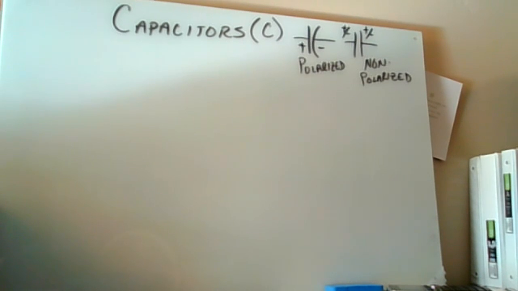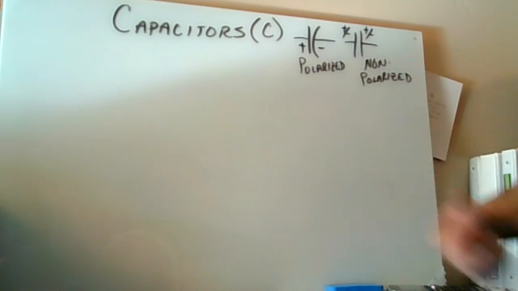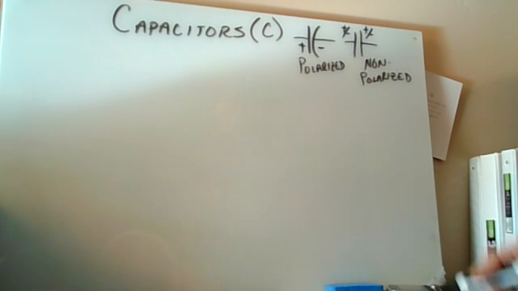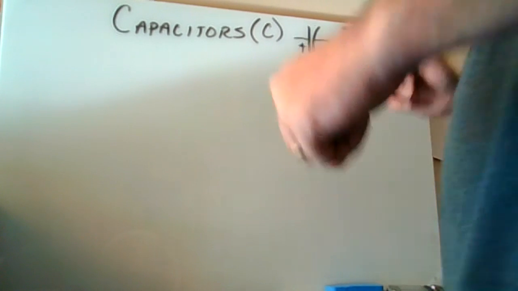Hence is why anytime we do labs in the class, you will use my capacitors that I give you, because the ones that I give you are non-polarized. So it doesn't matter which way you put them in the circuit, it will not explode on you, okay? Capacitors are measured in farads, okay?